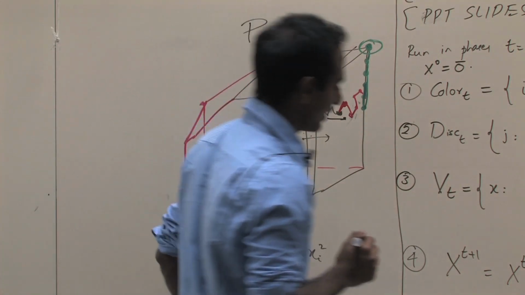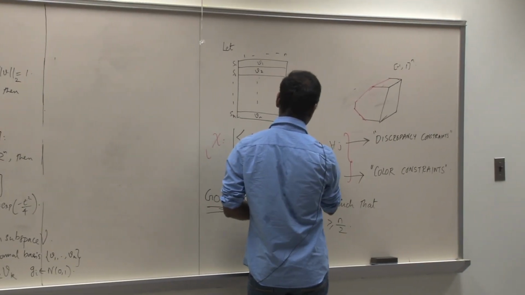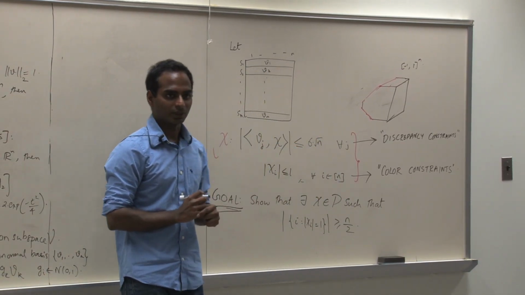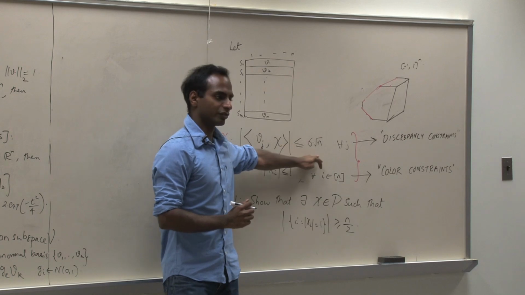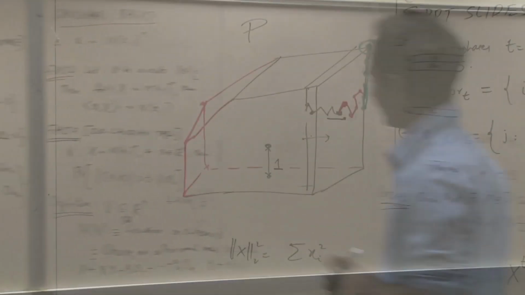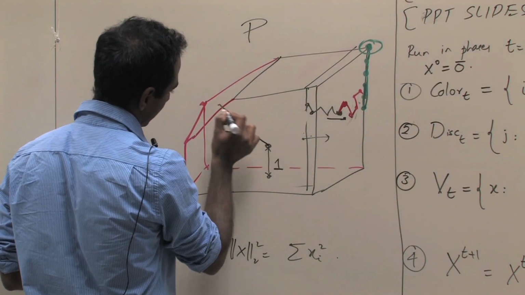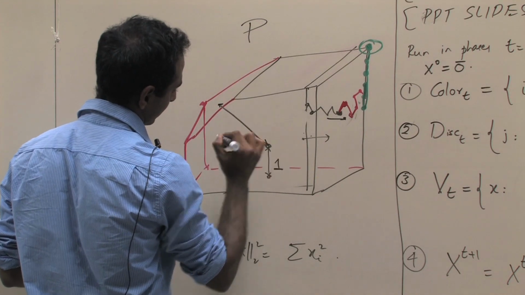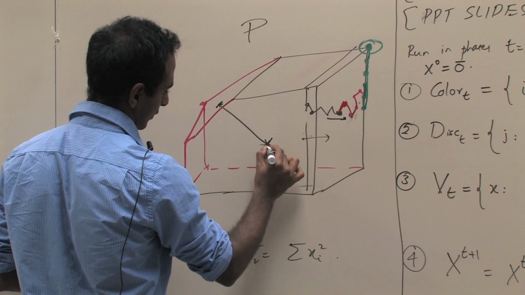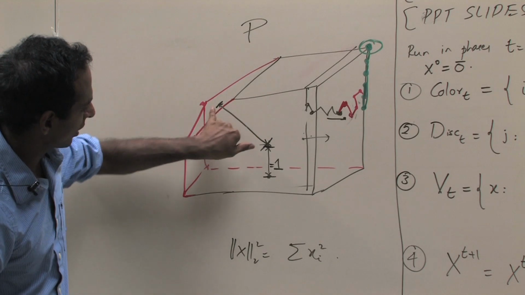And let's say I'm shooting for 6 times root n here. This is the bound I'm shooting for. I want to look at the length of this perpendicular. This length is 1, and how about this length?